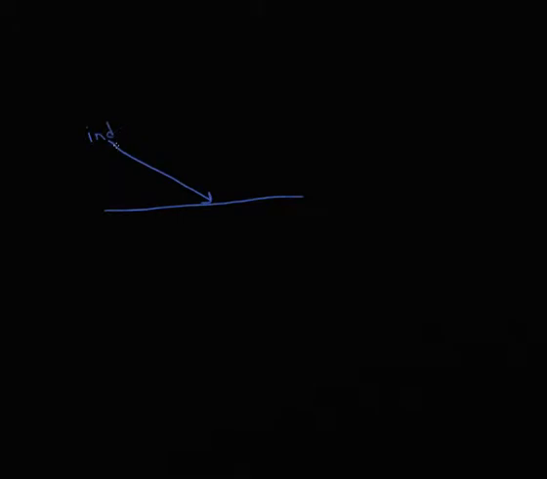You guys know how to deal with this. We draw the normal, the perpendicular line, and we label our angle of incidence. And we know that it's going to reflect at that same angle. So this would be our angle of reflection, and this is the reflected ray.